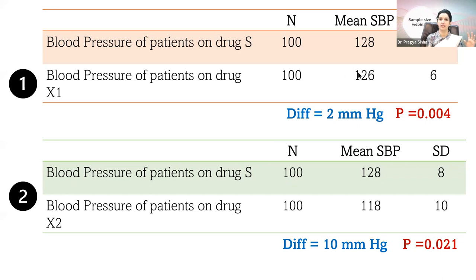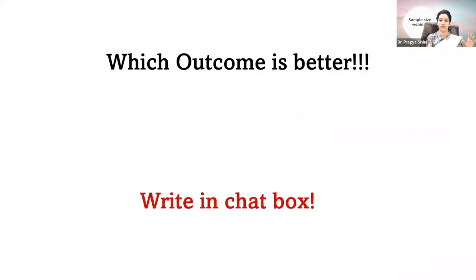In this case, you will see there is a mean difference of 2 millimeter and it was statistically significant. Whereas in the second case, the mean difference is 10 millimeter and it is also statistically significant. So now answer which outcome is better.